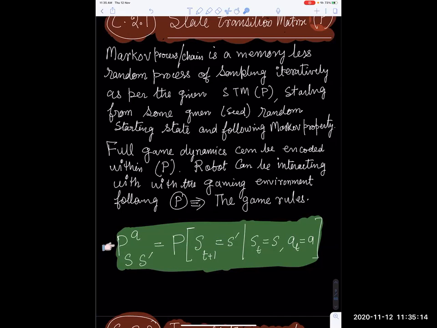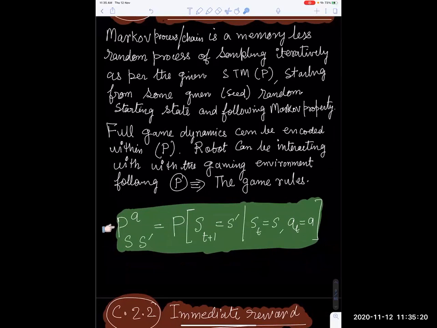So the whole game rule can actually be encoded inside a state transition matrix, and it is represented in this way very easily: at state S, if you have taken an action A, what is the probability that you are going to be at S_t+1? S_t+1 is going to be S dash.